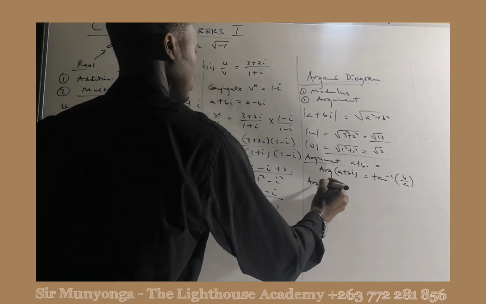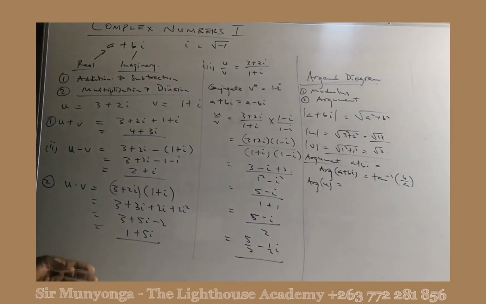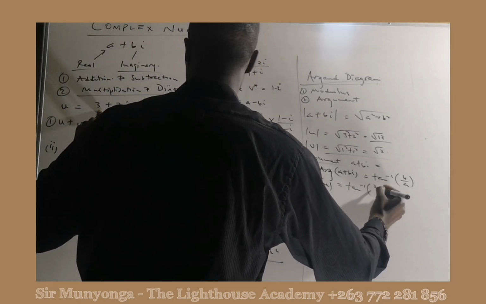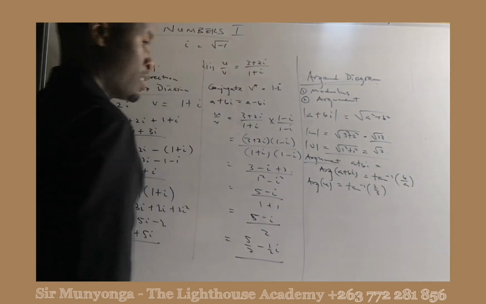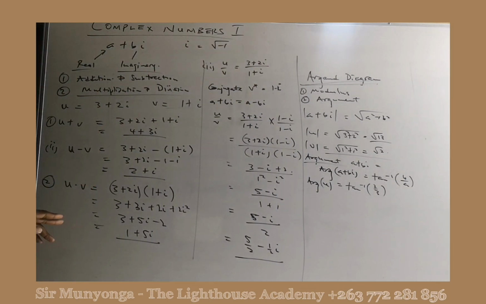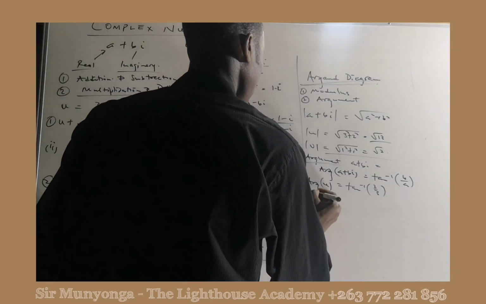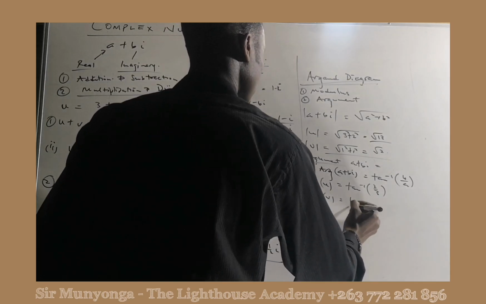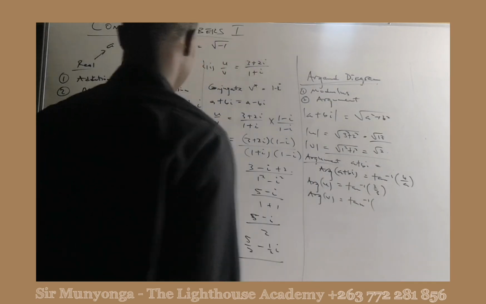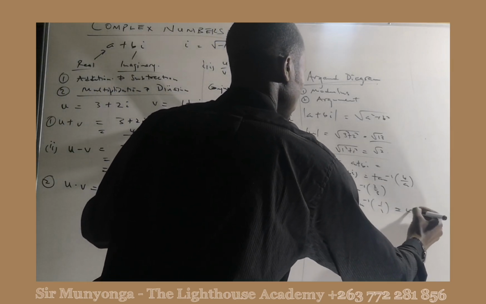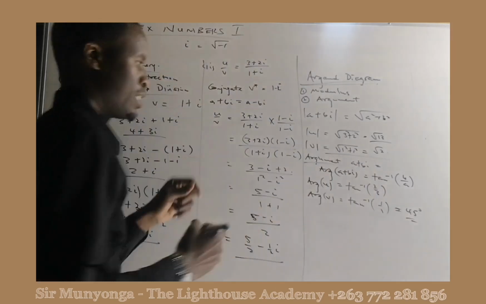So in our case, the argument of u will be equal to arctan of 2 over 3, the imaginary part over the real part. And then also the argument for v will be equal to arctan of 1 over 1, which should be equal to 45 degrees.